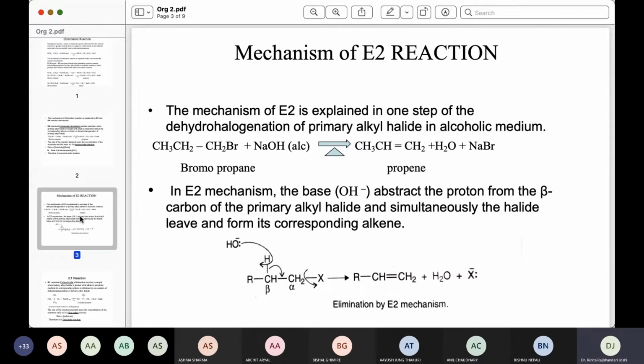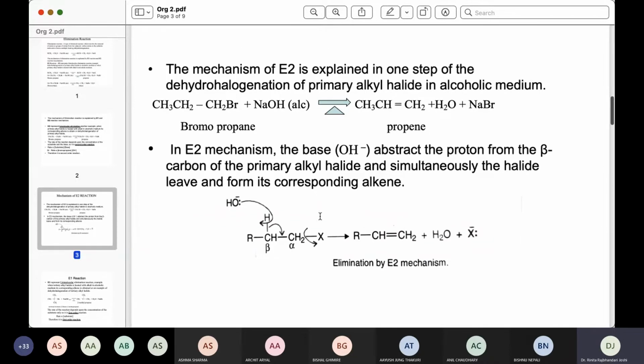So if you're asked to explain the E2 reaction mechanism, then it goes that E2 reaction mechanism occurs in the dehydrohalogenation of the primary alkyl halide, when primary alkyl halide is heated with the alcoholic alkali, maybe NaOH or KOH, and gives its corresponding alkene, and it is explained in just one step. Here bromomethane gives this. अब यो mechanism मा just one sentence is here, very simple.